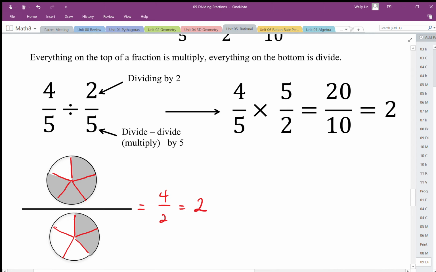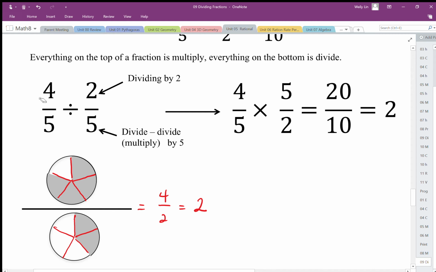So how do we justify that if we flip this fraction and multiply, we get the right answer? Well, if we think of everything as times on top and divide on bottom, and we actually read this statement, this means times 4 divide 5. And if I look at this fraction, this really means divide.